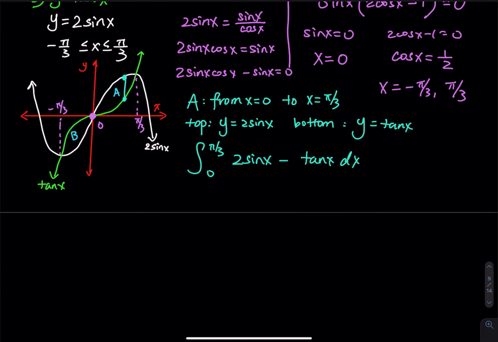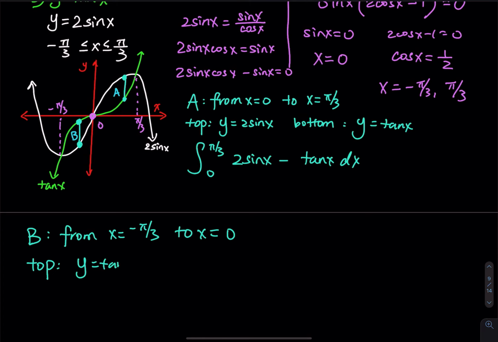And then region B. So region B is from x equals negative pi over 3 to 0. And then the top and bottom: the top is the tangent, the bottom is the 2 sine. So the top is y equals tangent x, and then the bottom is y equals 2 sine x.